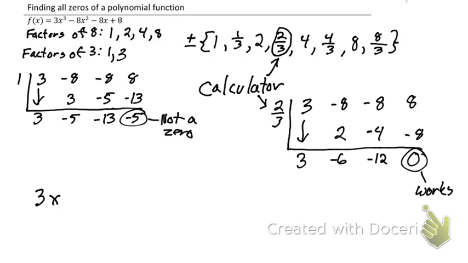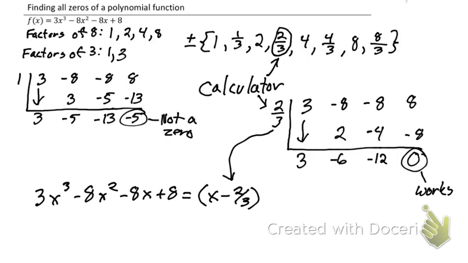I started with 3x cubed minus 8x squared minus 8x plus 8. I can rewrite this as x minus 2/3 because we know that's a factor, and I'm going to multiply that by 3x squared minus 6x minus 12.